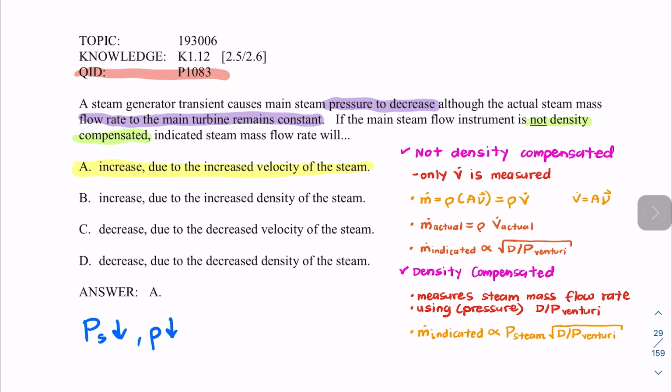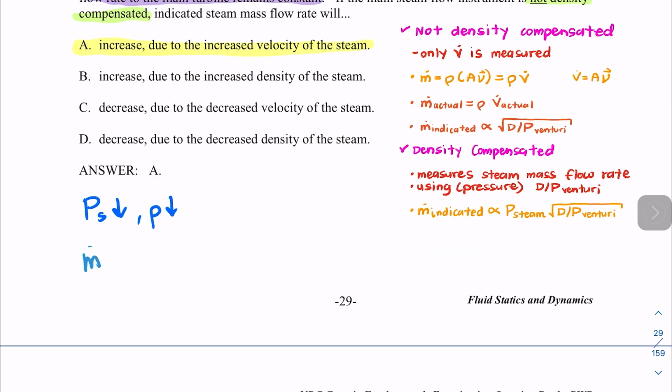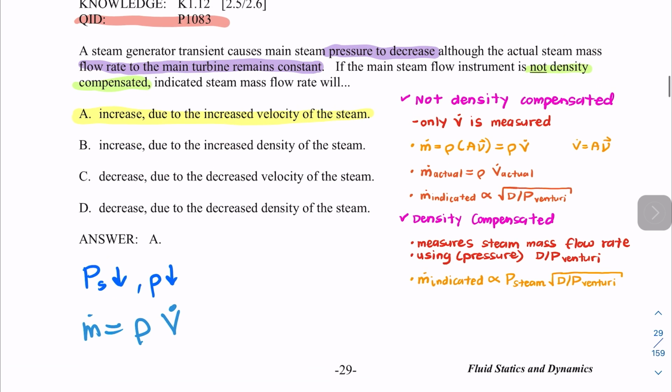So I got my mass flow rate is equal to this. But it says that my mass flow rate remains constant, right? This one decreases. So what is happening to my volumetric flow rate? It's supposed to be increasing, right?